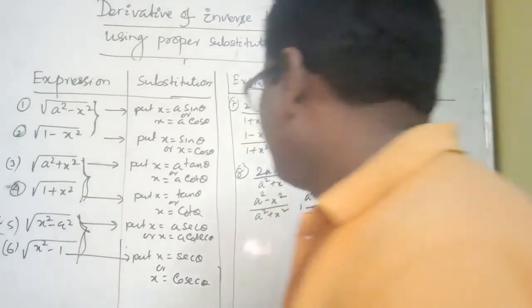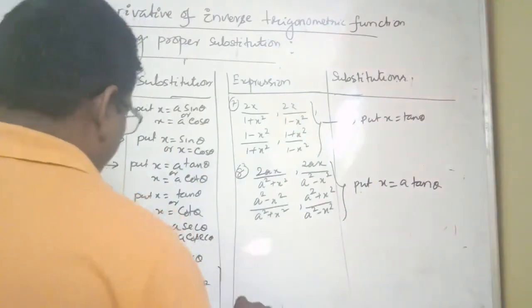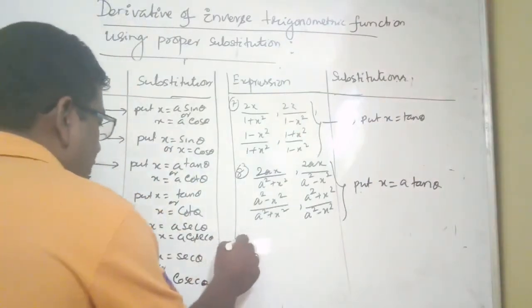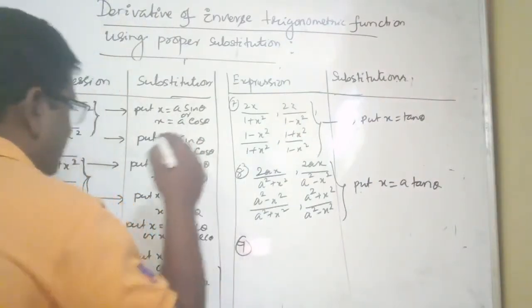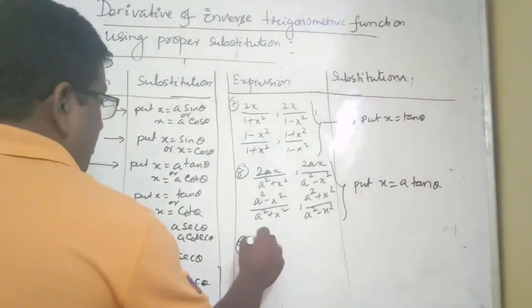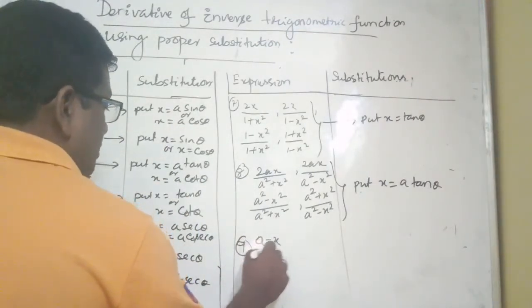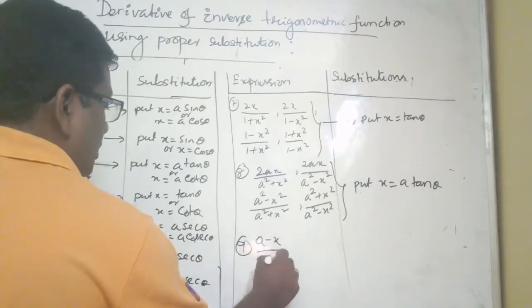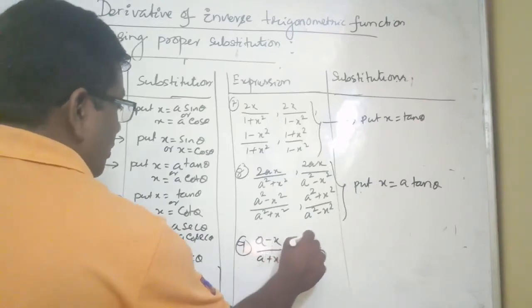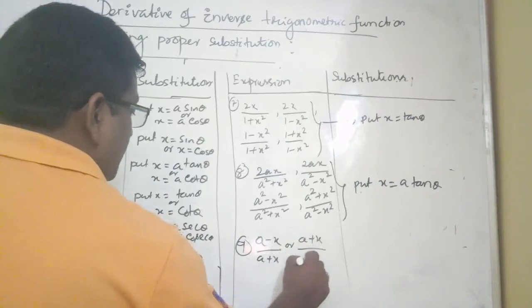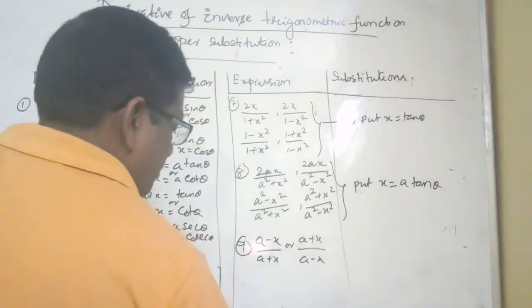Again 9: a minus x by a plus x or a plus x by a minus x.